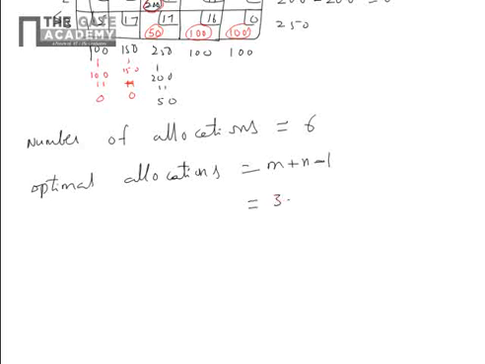Here rows is 3, columns is 5, minus 1, it is equal to 7. So our allocations, 6, are less than 7.